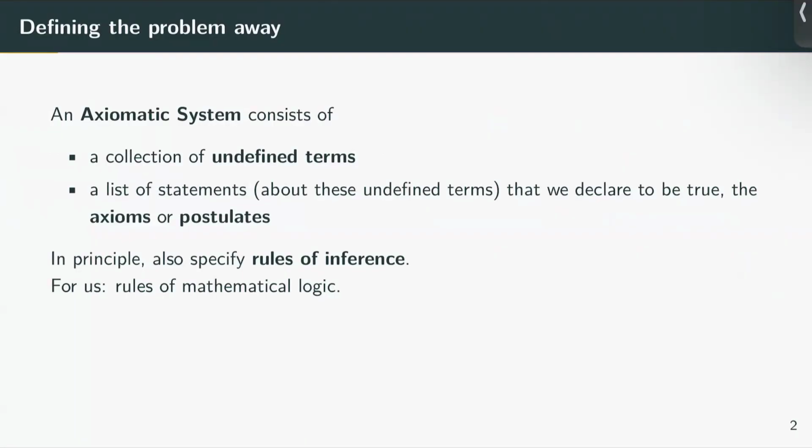In principle, when we have an axiomatic system, we also need to specify some rules of inference. For us, we're going to take implicitly the rules of mathematical logic, so things like De Morgan's laws and things like that you learned in Math 305. Okay, as I already said, we're going to declare axiom and postulate to be synonyms, at least in the context of this class.